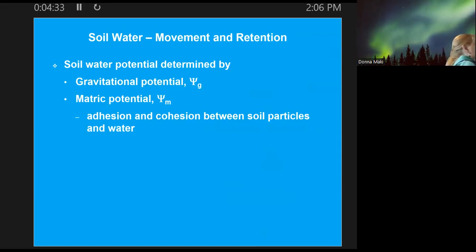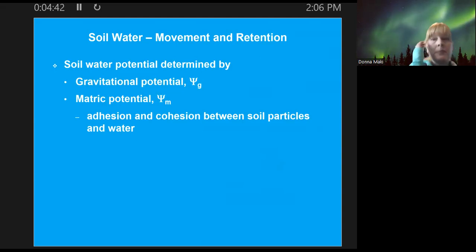Water also likes to do cohesion, which is water-to-water bonding. So you have both of those taken into consideration for the matrix potential.